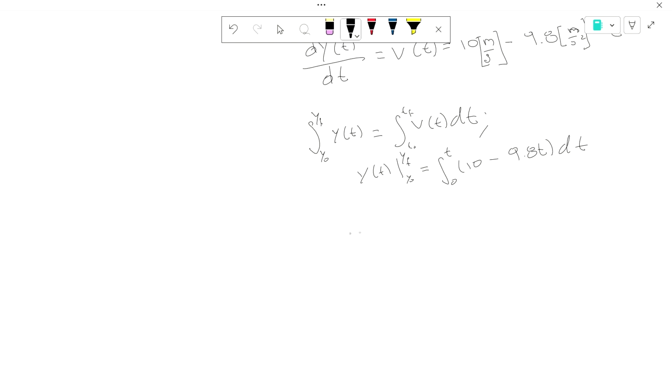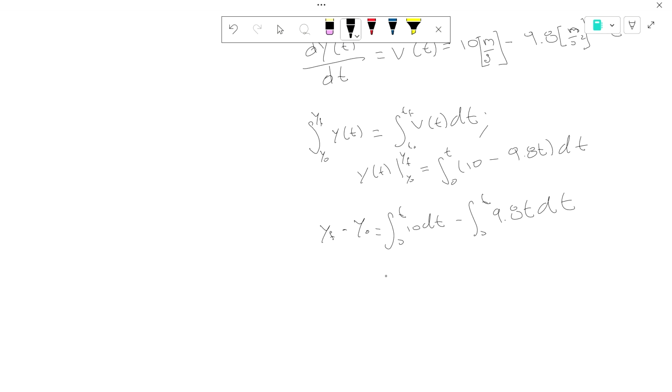All right, so if you recognize this, we have that y final minus y initial is equal to the integral from 0 to t of 10 dt minus the integral from 0 to t of 9.8 t dt.